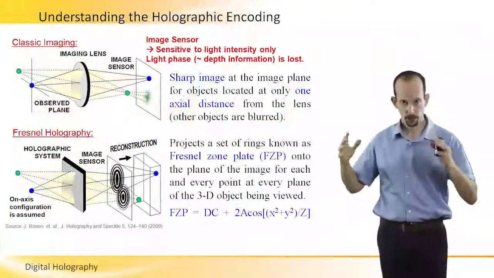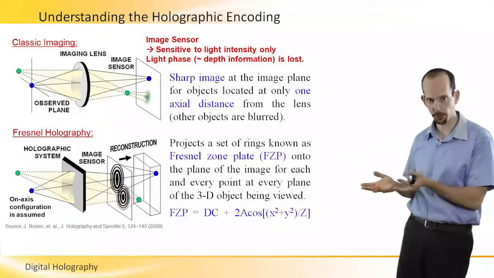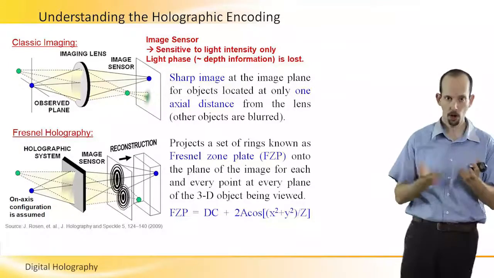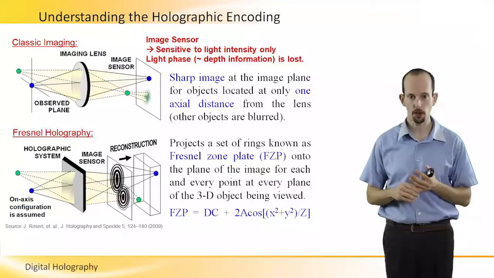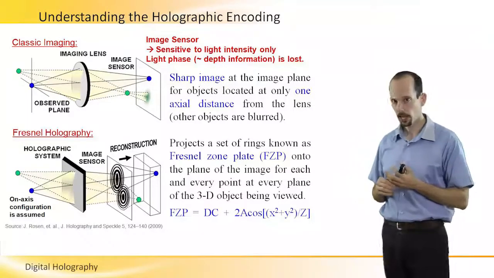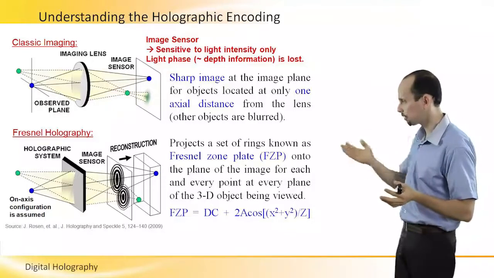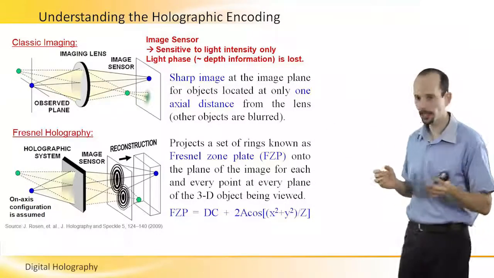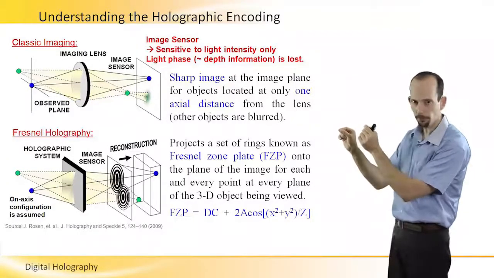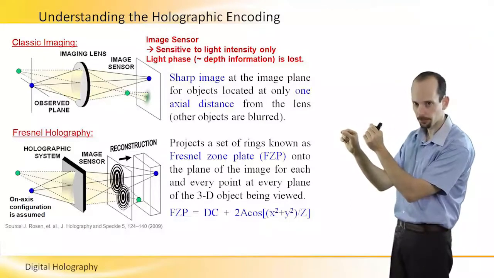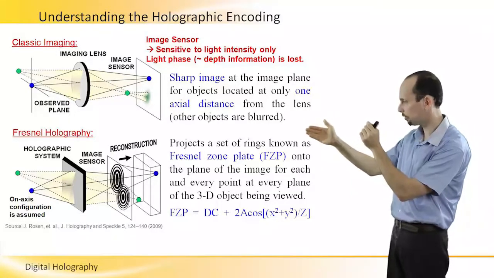Let's go back to a comparison between regular photography and holography. In this type of example, this is an on-axis Fresnel holography. So in regular photography, in classic imaging, as you can see here in the upper figure, 2 points which are located at different axial distances project different images onto the image sensor.